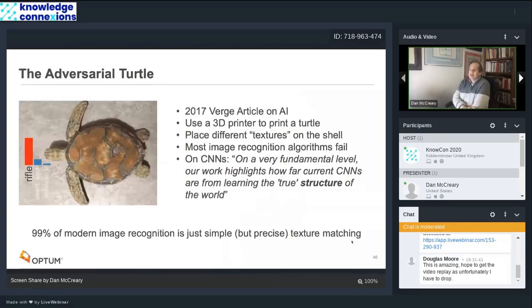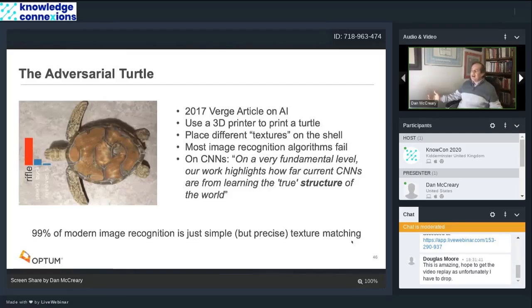Another story I wanted to relate is this idea that when people say, well, we have to use AI and deep learning and machine learning for everything, we want to make sure that you realize that just like our eyes see only superficial patterns but may not understand things, that's really where a lot of machine learning for images is today. And one of the things I do in my student classes, where we're teaching AI to junior high and high school students, is we take these 3D printed models of a turtle, for example, and we literally tape a wood grain texture to the top of that, and we put it in front of our cameras that are doing object recognition, and they think it's a rifle, right?